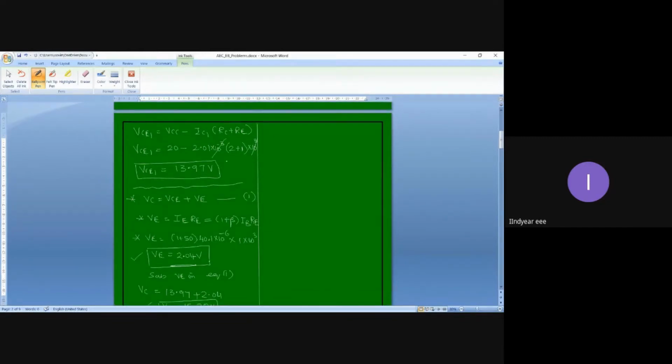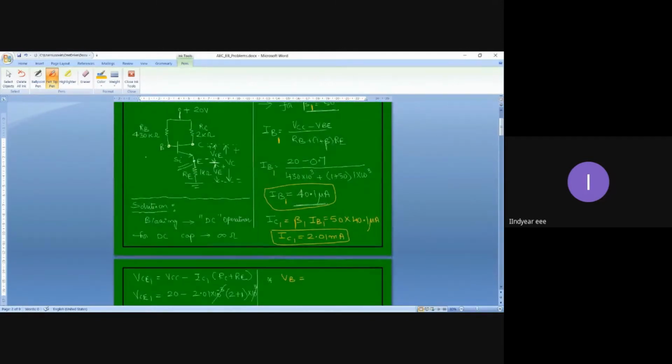Now you need to find VB. Let's go back to the circuit diagram. By definition, VB is defined as the base to ground voltage. Looking from the input side, base to ground voltage is equal to the summation of base to emitter voltage plus emitter to ground voltage.